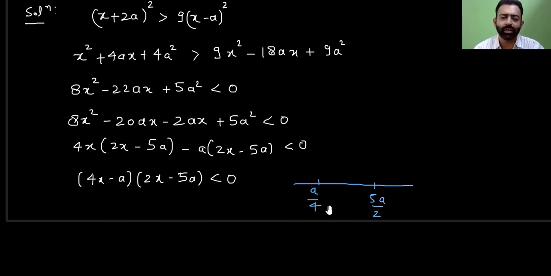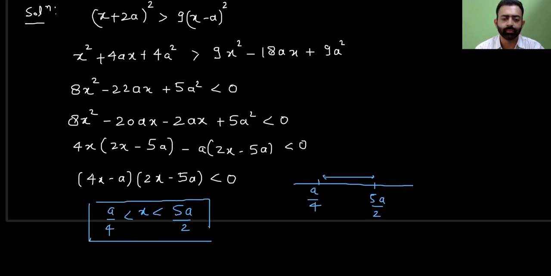So obviously 5a by 2 is greater than a by 4. So my solution will lie between the roots, okay? So x is less than 5a over 2 and it is greater than a by 4. Okay, this is your final solution.